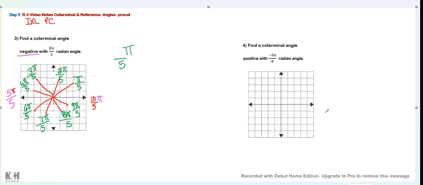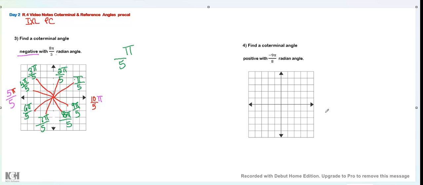Here's our second fifth, so it's 2 pi over 5. This is our third fifth, which is 3 pi over 5, 4 pi over 5, 5 pi over 5, which is the same thing as 1 pi, 6, 7, 8, 9, 10 of them. This is just the easiest way for me to be able to figure these out.